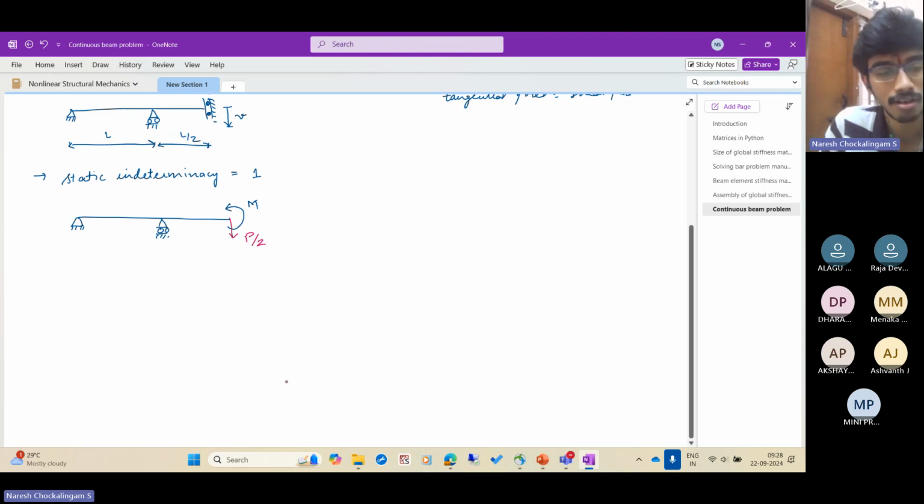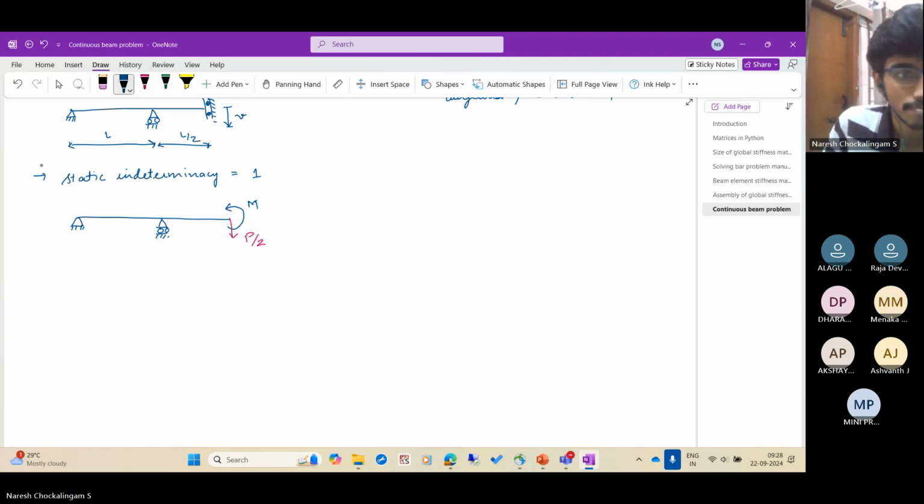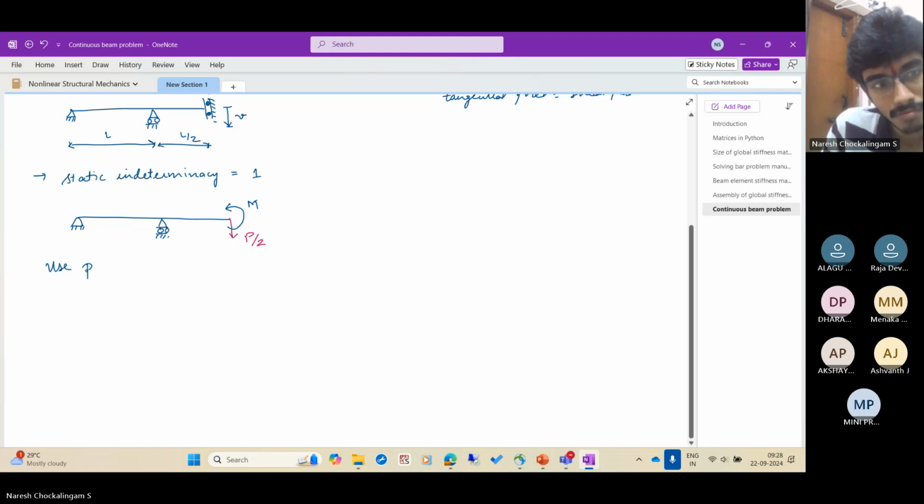Okay, so what is the next step? Find the bending moment diagram, right? So use the principle of superposition. Due to P, what is the bending moment diagram?